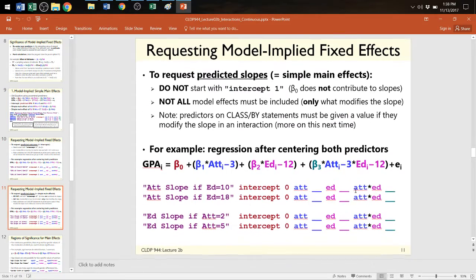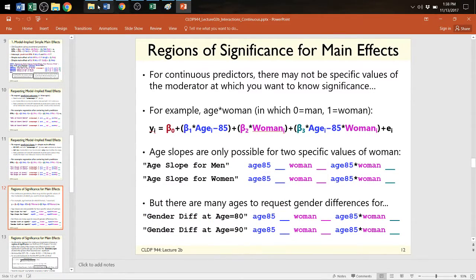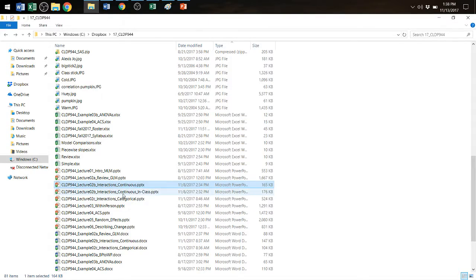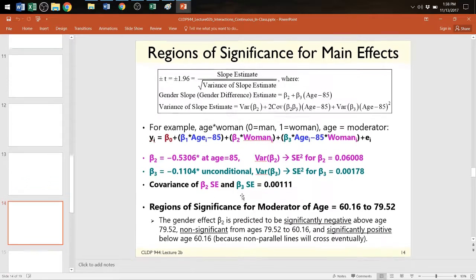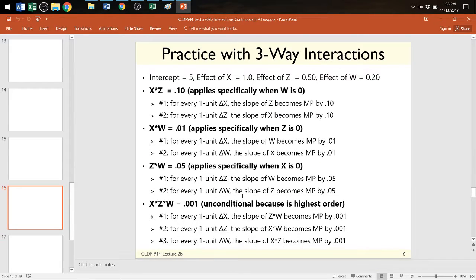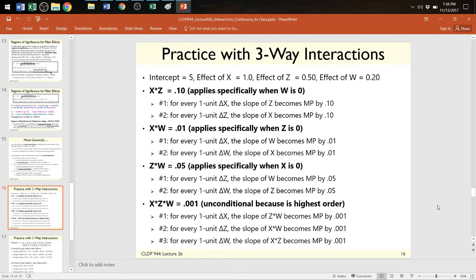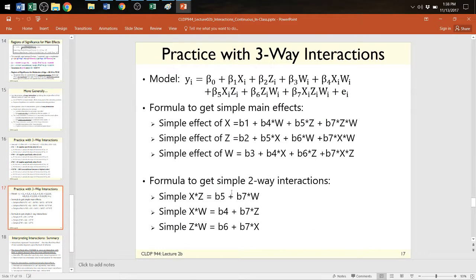And then we did all kinds of stuff. We get the in-class version of it up here. This is my filled-in version. Remember this one? 3-way interactions? We wrote out the functions that would be used to generate simple slopes and simple interaction terms.